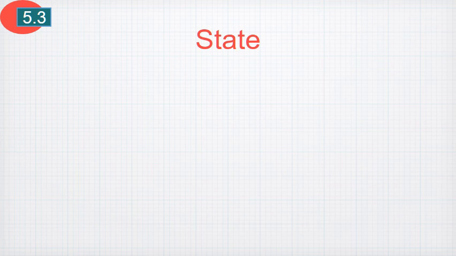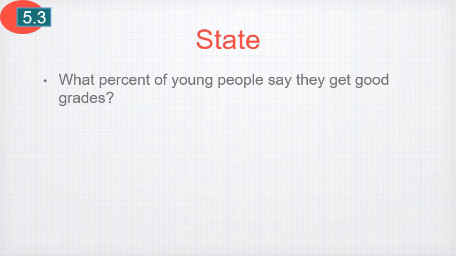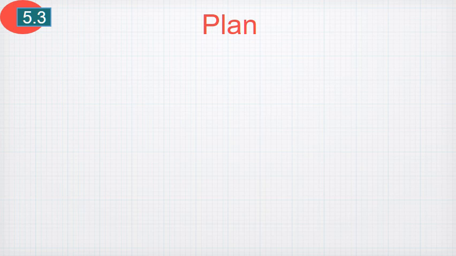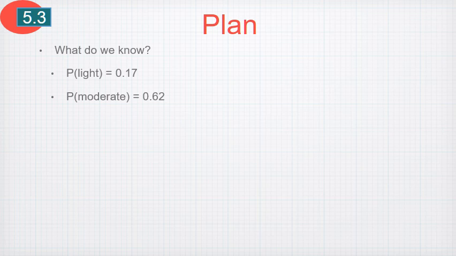Okay, so state. We literally just state the problem. I would say, what percentage of young people say they get good grades? Hey, it's that simple. Okay, so now we're on the plan part. So we're going to just list what we have. What do we know? That's the great part about plan. So what do we know? We know the probability of light users is 0.17. The probability of moderate users is 0.62.